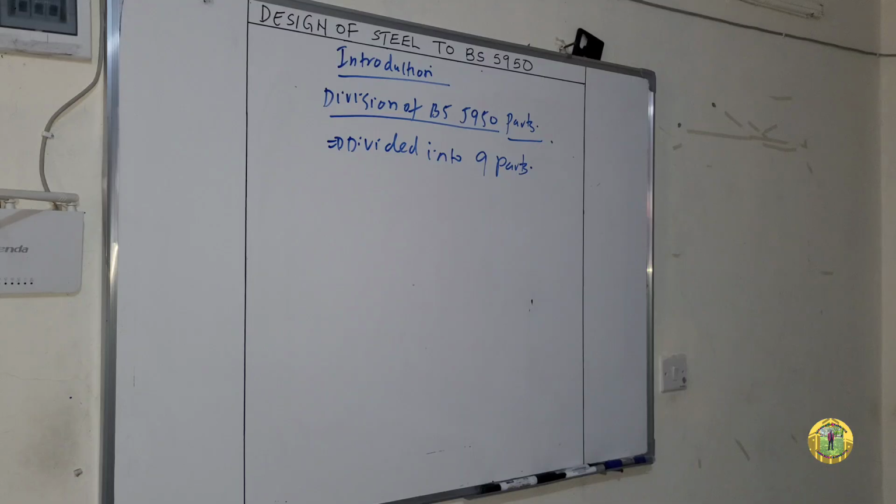We have part 7, specification for materials, fabrication and erection, cold formed sections and sheeting. Then you have part 8, code of practice for fire resistance design. Part 9, code of practice for stressed skin design. We will talk later about these parts in detail.